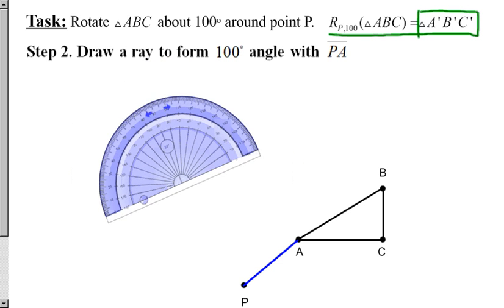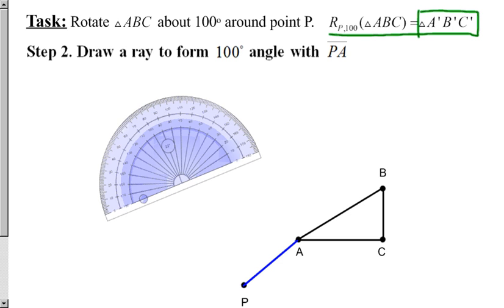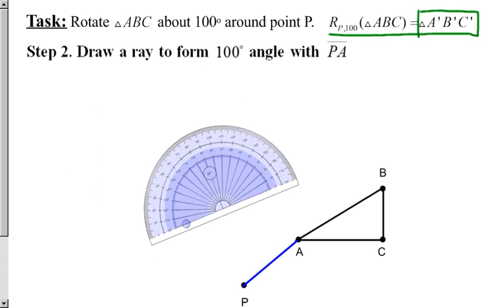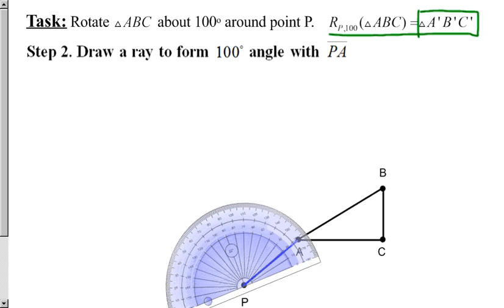However, in this case, we're going to use it. But I will also show you a case where you actually need to construct a rotation without a protractor when angles are known, like 30, 60, 45, or 90 degrees. And we'll deal with that later. But for now, 100 degrees, we're going to use a protractor.